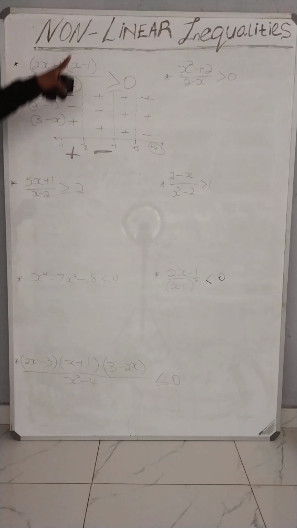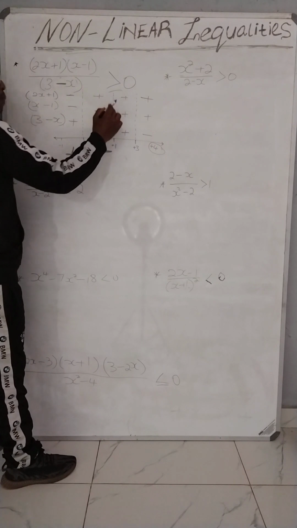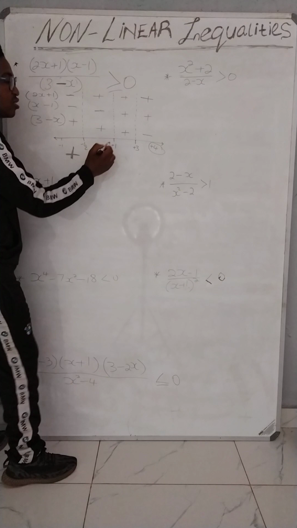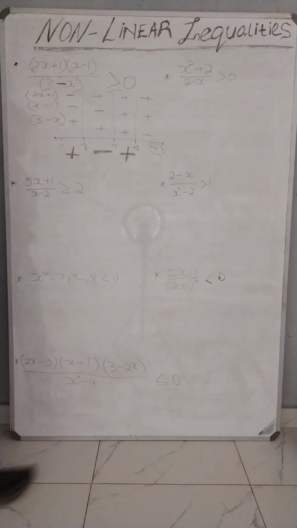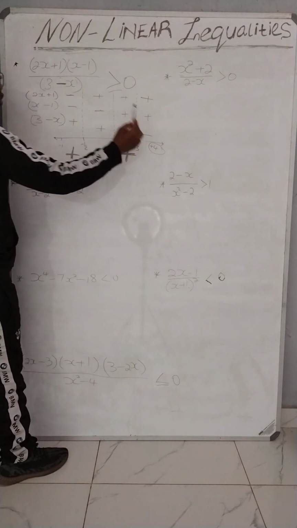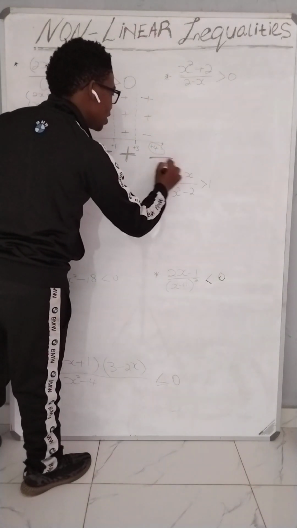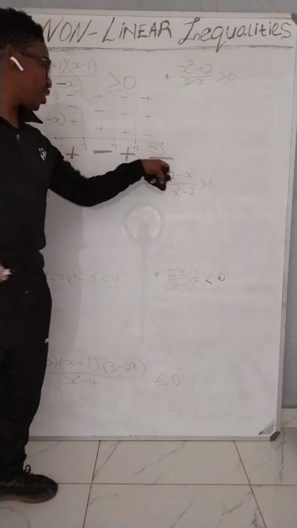So this expression is negative here. Positive multiplied by positive is positive, divided by positive remains positive. Now, positive times positive is positive, divided by negative, it remains negative. So now we know our expression is positive on this side, negative, positive, negative.